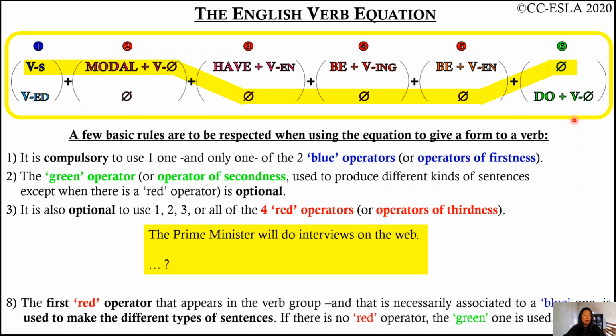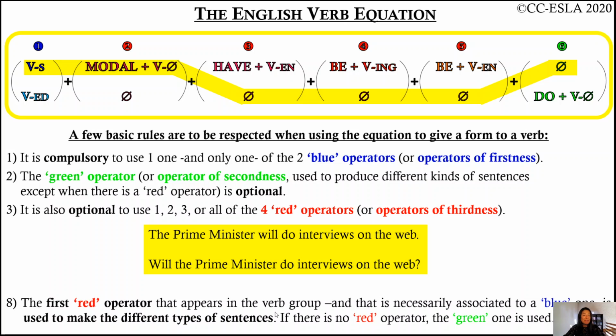And we have also said that the green operator and the red operators are not compatible. So as soon as there is a red operator in the sentence, the red operator is the one that is used to make the different types of sentences. So that's what will happen here. The question here will start with the modal. Will the Prime Minister do interviews on the web?